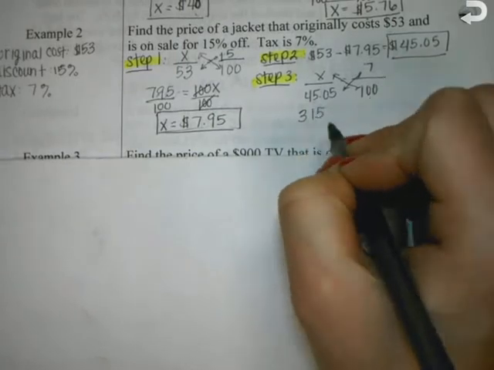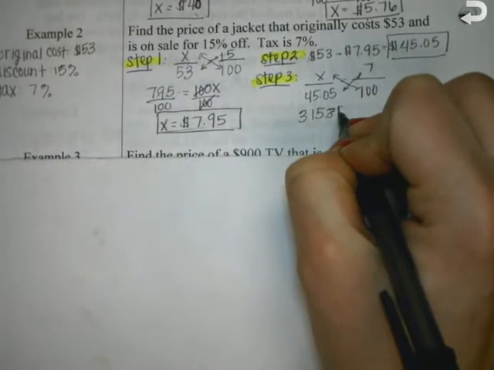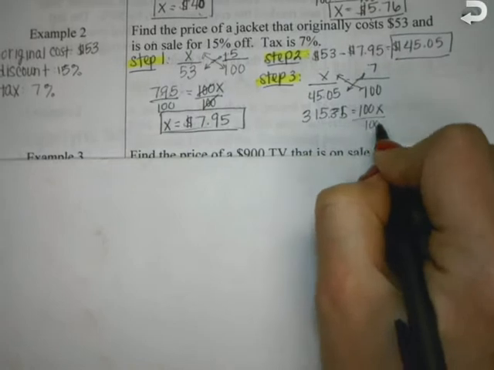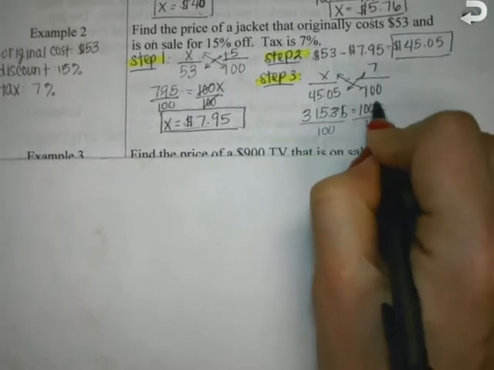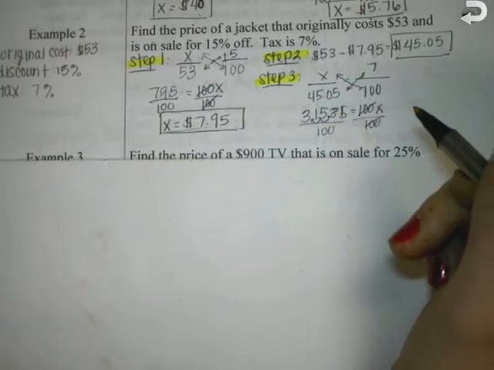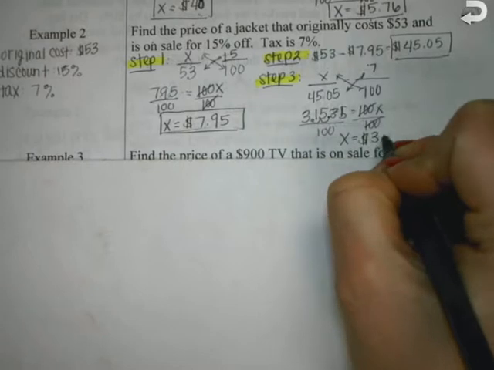Okay, so if I divide by 100, that moves my decimal over 2 spaces. So I have x equals $3.15. Okay, now that's the tax I'm going to be paying.